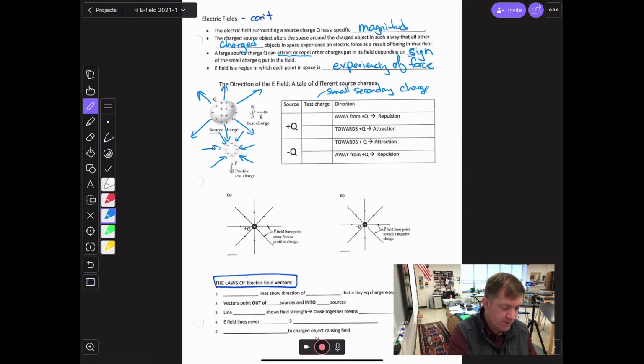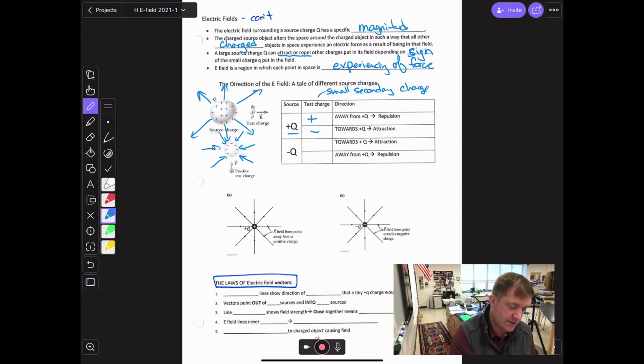So if you have a positive source and you drop in a positive test charge, just to check out what happens, isn't the direction of the field and the force always outward, right? Don't positives and positives repel each other? But if you drop in a negative test charge, which of course we might call an electron, it is going to be attracted inward.